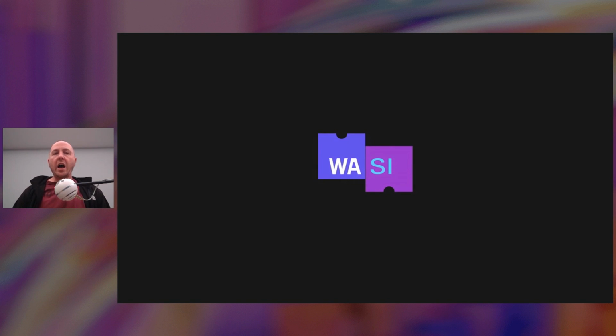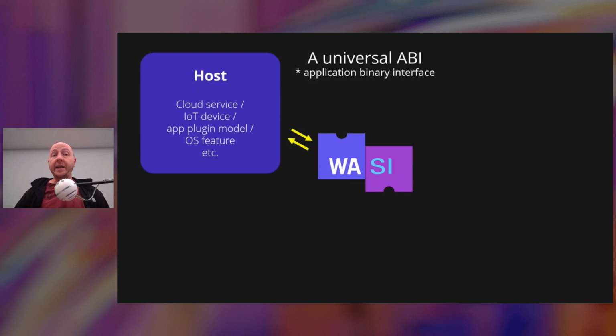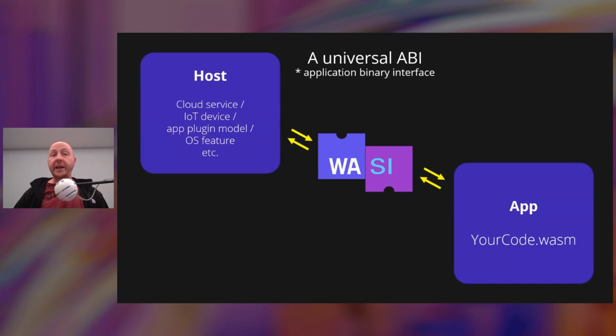Well, one way of thinking about this is that it's a universal application binary interface. Okay, so what that means is it's a mechanism for a host and application code to interoperate with each other. Now, that host could be some kind of cloud-based service. It could be something running on the edge of the cloud, like in a CDN or in a low-powered Internet of Things device.